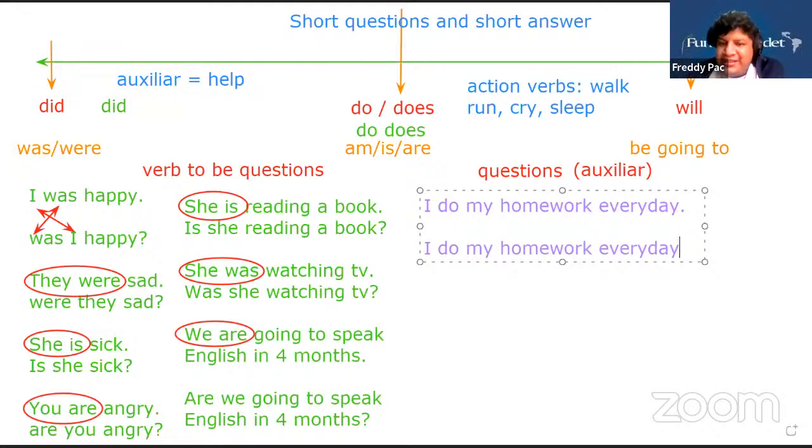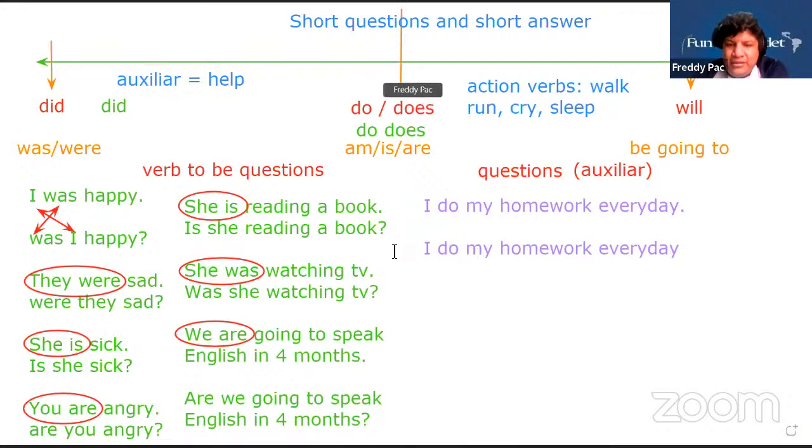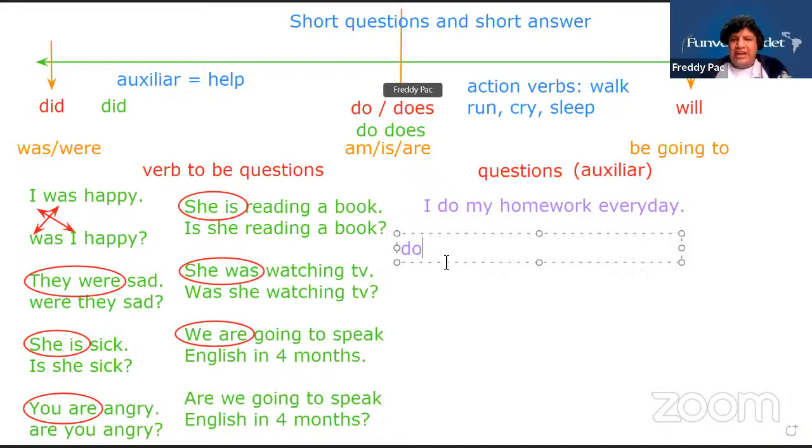Now, guys, I am going to use two things. I am going to use the auxiliary and the question mark. How, teacher? I copy my sentence and it stays the same. Now, guys, I am going to use the auxiliary. Because this is first person, I am going to use do.